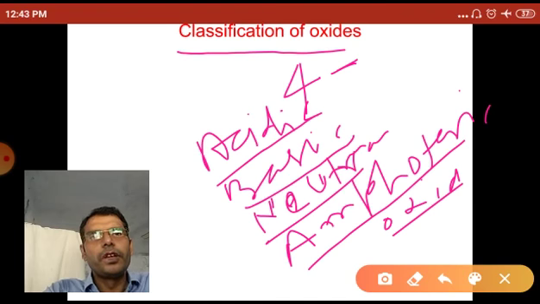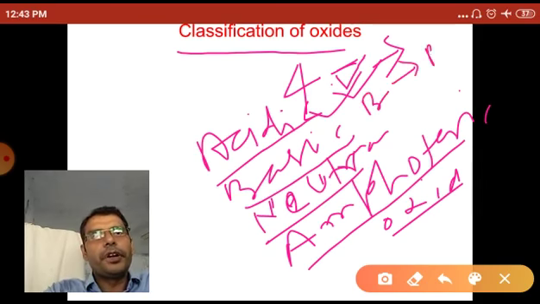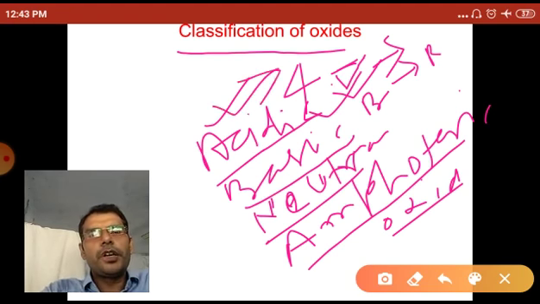Generally the non-metal oxides are acidic oxides, because the non-metallic oxide changes the blue color of litmus into red, and the aqueous solution of the non-metallic oxides forms acids.